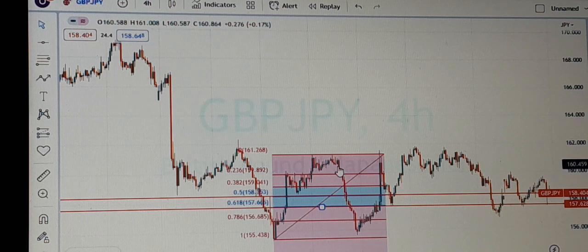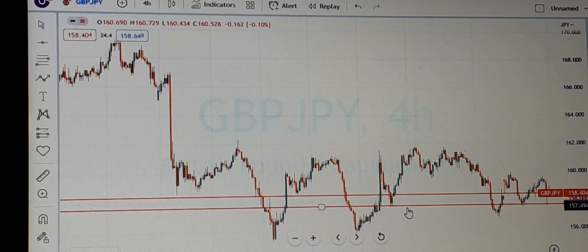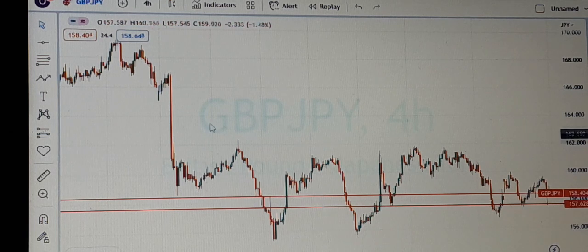Once you've done that, you remove your Fibonacci level like that. Once you've drawn this area, you know that it is a good area that the banks operate from. The next thing is to come to this other area which has the drawings.